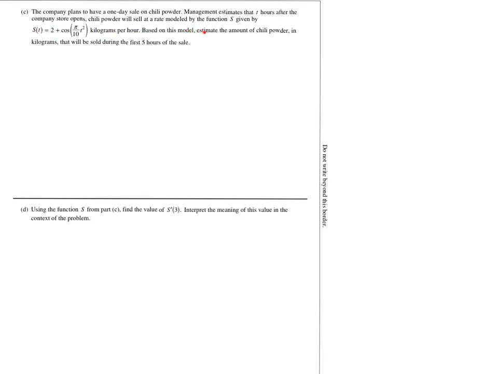And so they say estimate the amount of chili powder in kilograms that will be sold during the first 5 hours. So if you have a rate of kilograms per hour and you want to know how many kilograms, you're just going to integrate from 0 to 5. That should be jumping off the paper at you. So we just need to write that we're going to integrate 2 plus cosine pi over 10 t squared dt from 0 to 5.